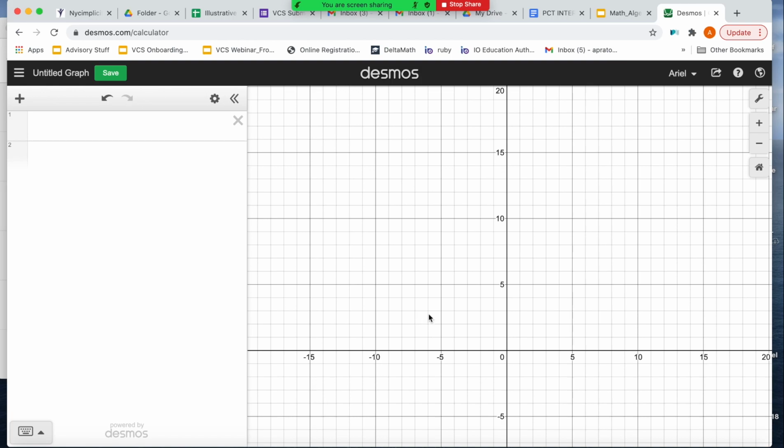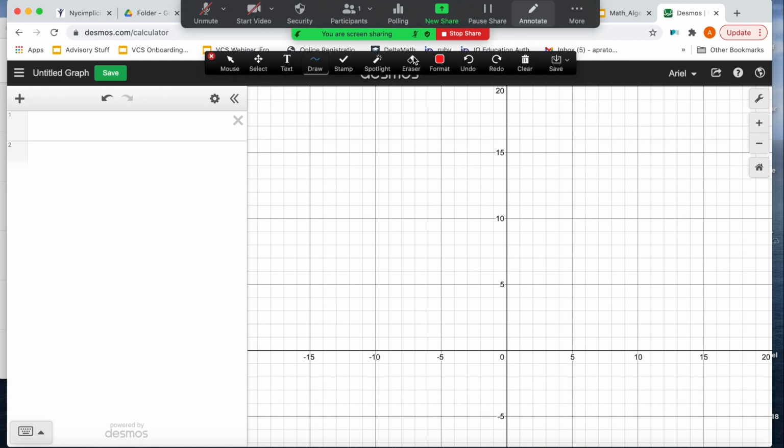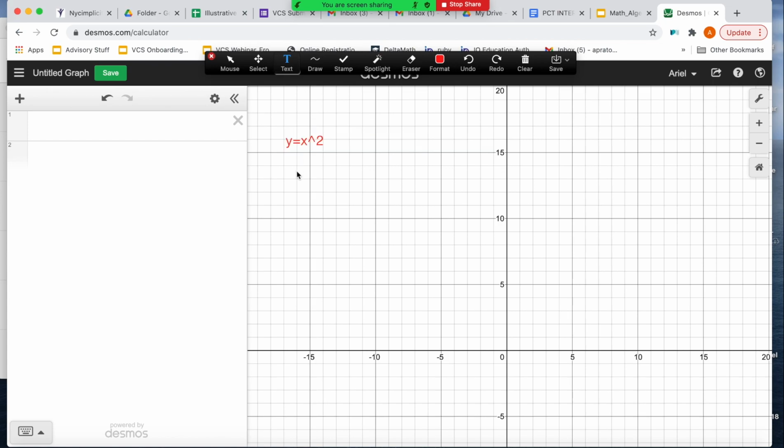Okay, so I'm just going to go to Desmos. I'm going to use this as a template, and we're just going to graph it together. So when I see y equals x squared, the first thing that I'm looking for is what is the vertex? And we know from vertex form of an equation, what we've been learning earlier, that the vertex is found in the equation when it's written in vertex form, h comma k.